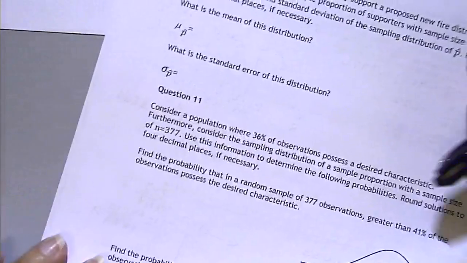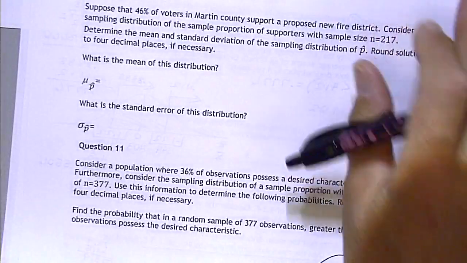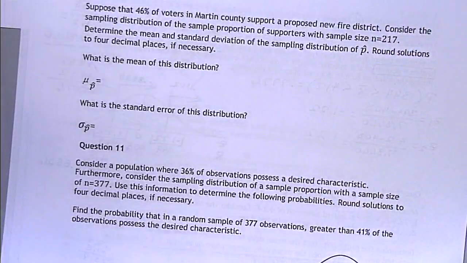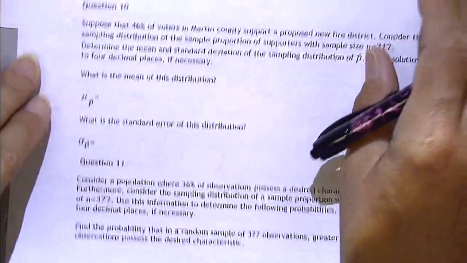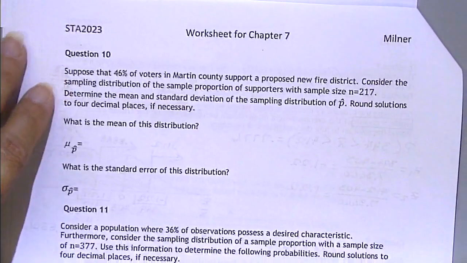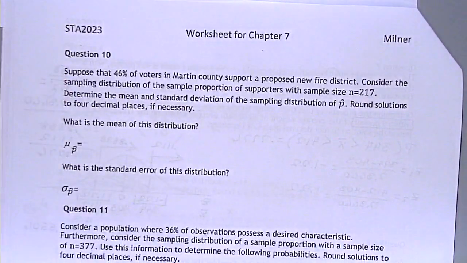Next, let's take question number 10. I hope I've got this question here. Hang on a minute. Yeah. We have 46% of the voters in Martin County support a proposed new fire district. We're going to consider the sampling distribution of the sample proportion. Well, back to sample proportions.